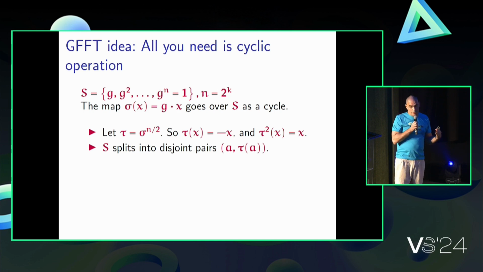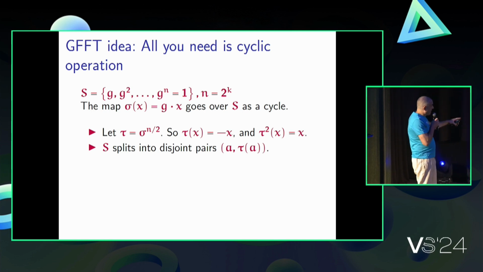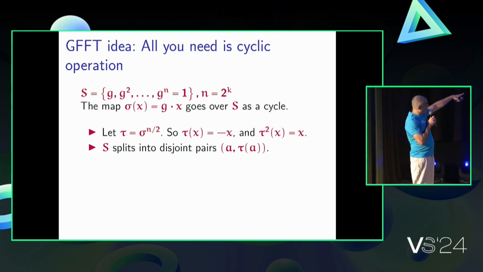First of all, tau has order 2. Tau squared is like sigma to the n, so it's just the identity operation. And because of that, S will split into disjoint pairs, A and tau of A.